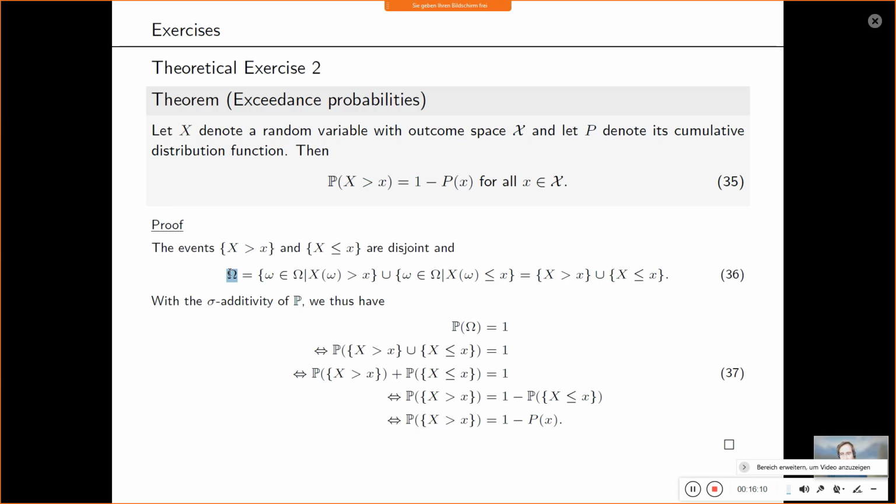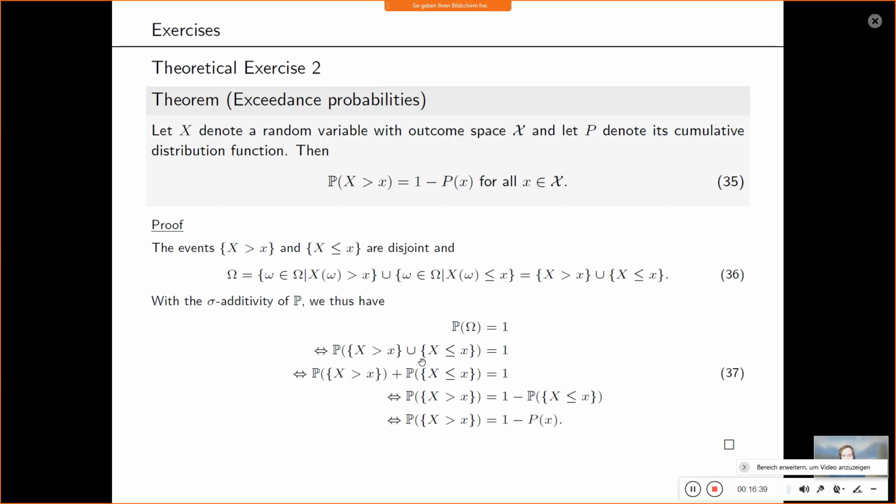Of course, because this is based on a real number, all together both sets form the entirety of omega. So the union of these events is the entire probability space, and this fact just follows from P being a probability measure, hence the probability associated with omega is 1.